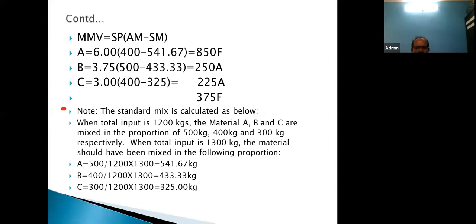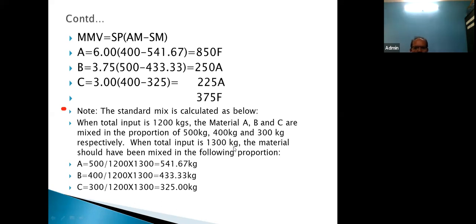So which comes to 541 kilogram. When total input is 1200 kilogram, the material ABC are mixed in the proportion of 500, 400, 300 respectively. हे आपल्याला न्यूमेरिकल मध्येच दिलेले आहे, फक्त आपण याच्यात ऍडिशन केलेले आहे.